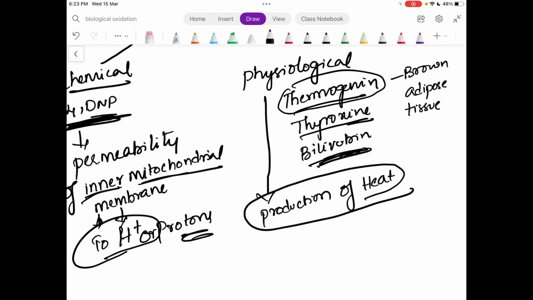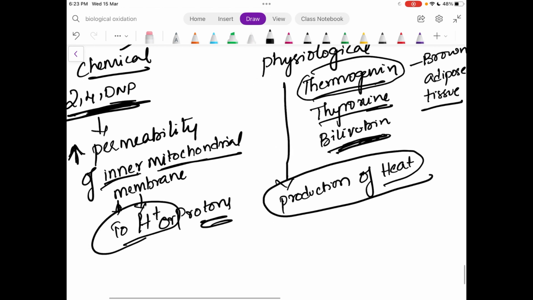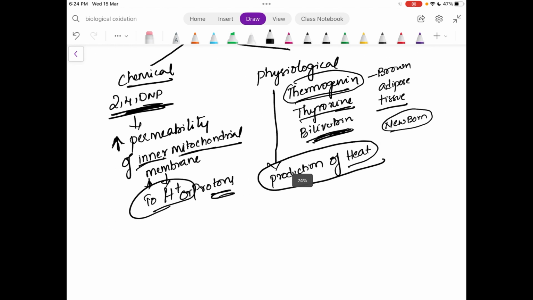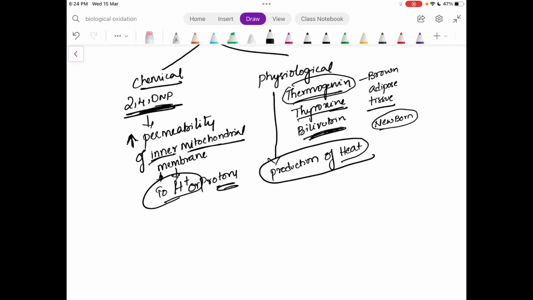It is especially important for newborns because they enter the external environment and feel very cold. So newborn babies have a high amount of brown adipose tissue, which releases a protein called thermogenin that uncouples oxidative phosphorylation. So this ends biological oxidation.